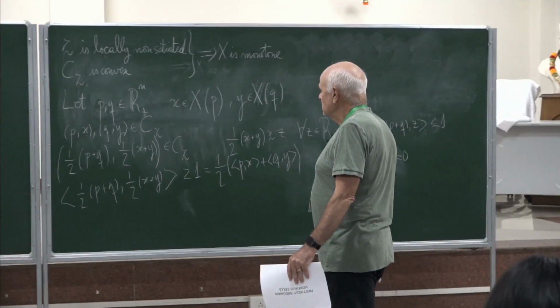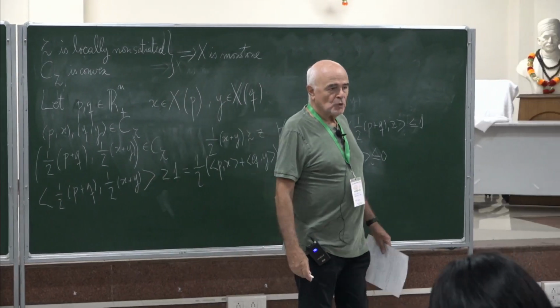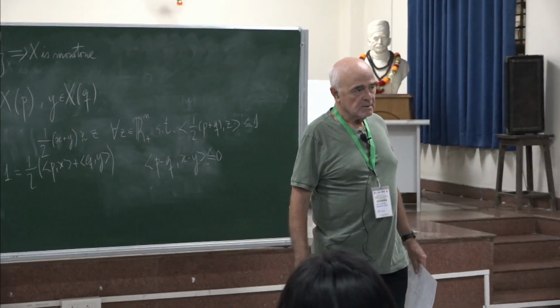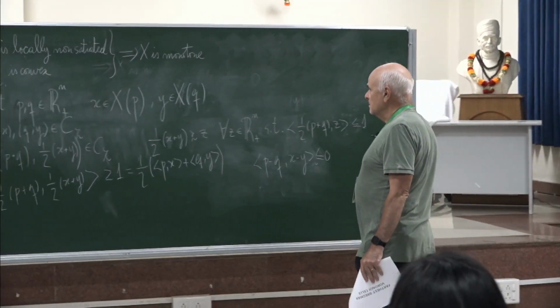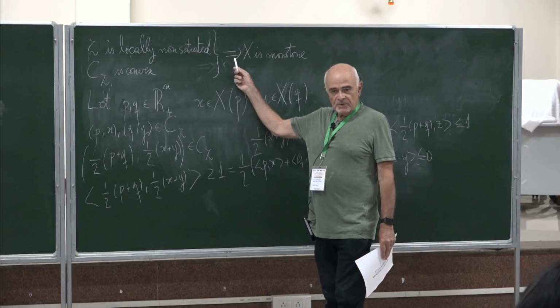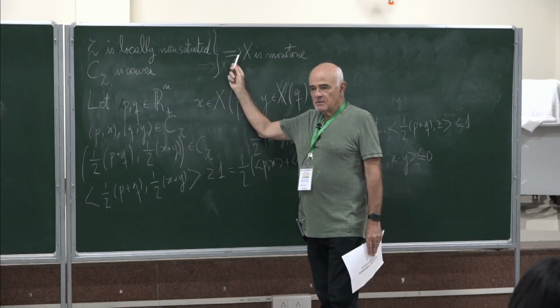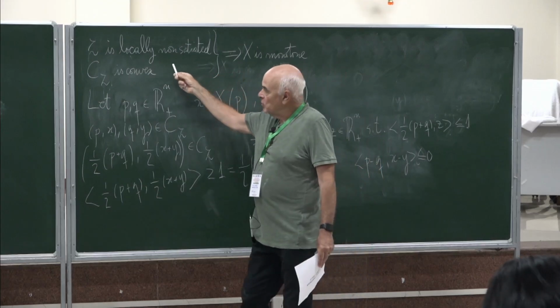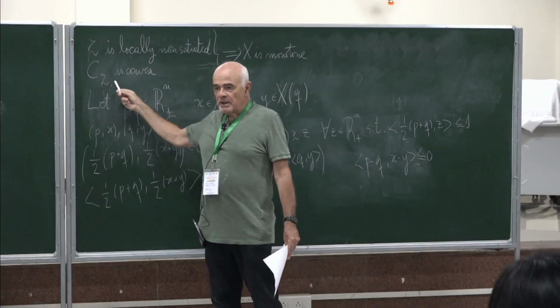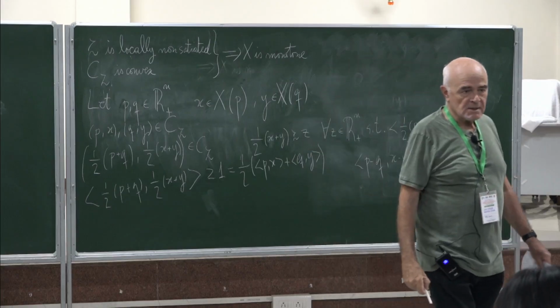Why not? Because it's very far from what I would like to obtain. I would like to obtain if and only if. This is very far from being if and only if. And second, I have no reasonable economic interpretation of the convexity of this set.